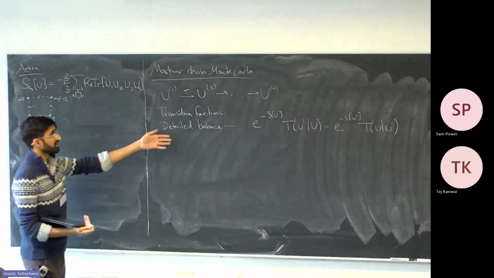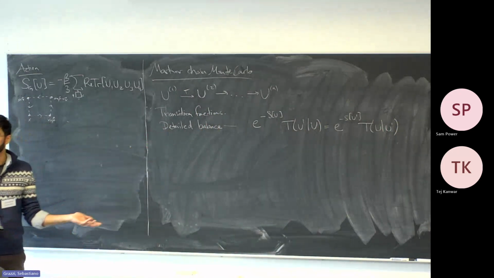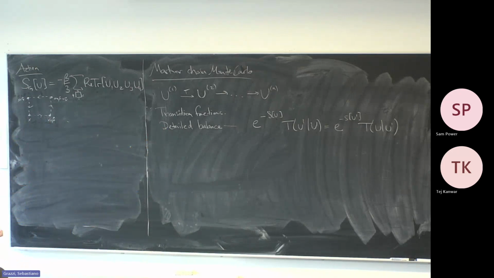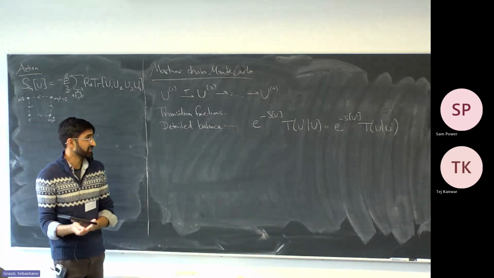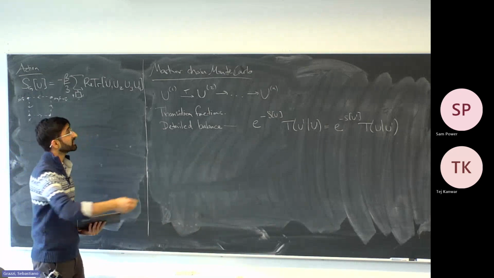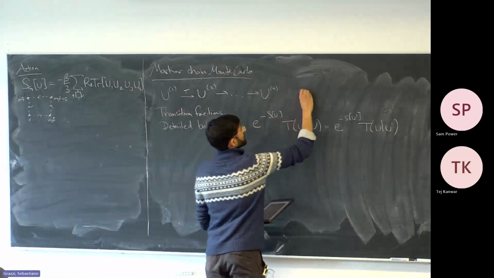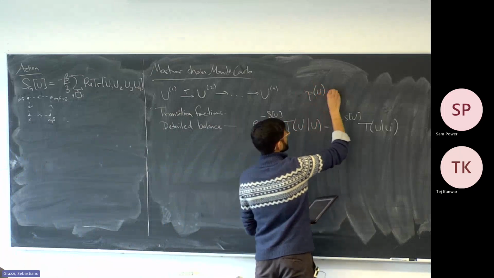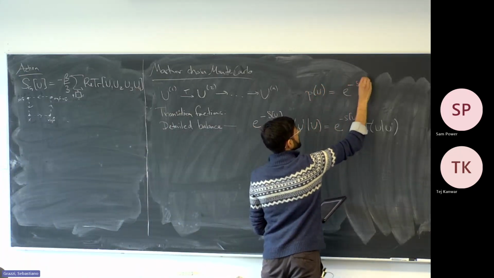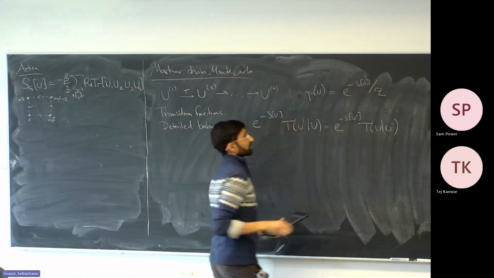This is a sufficient but overly stringent condition that ensures, if we deal with questions of ergodicity, that the Markov chain converges ultimately to a distribution with density given by our normalized weights.